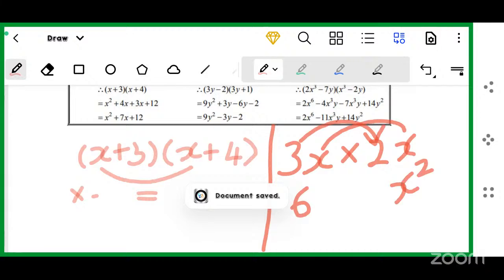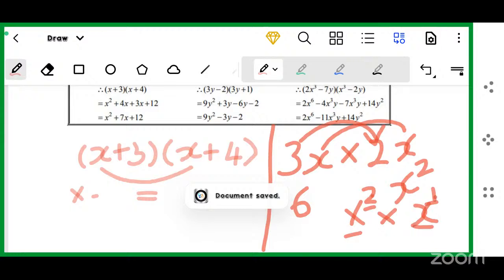If you had x to the power of 2 multiplied by x, what you're going to do is just add the exponents, right? This is the rules of the exponents. So you have the same base, you add the exponents as long as you are multiplying, right?